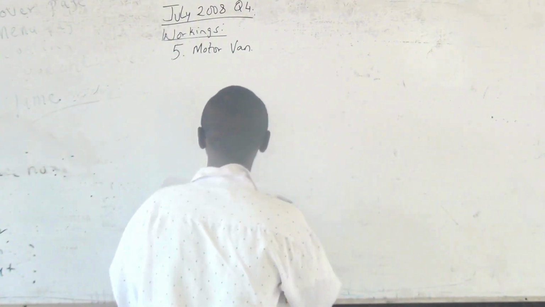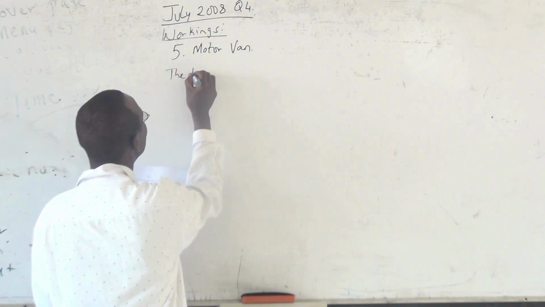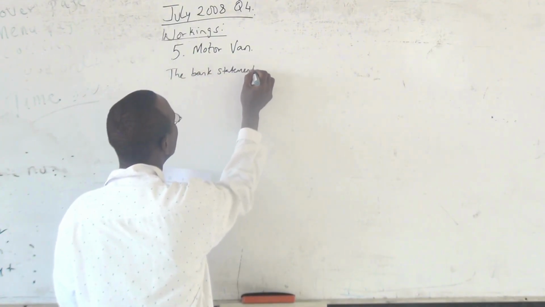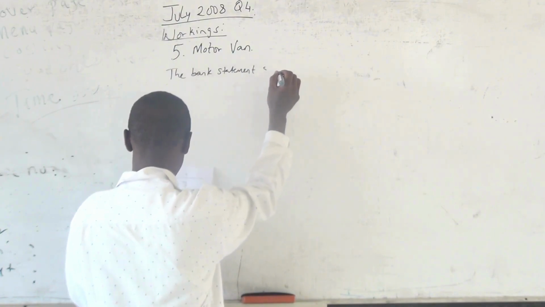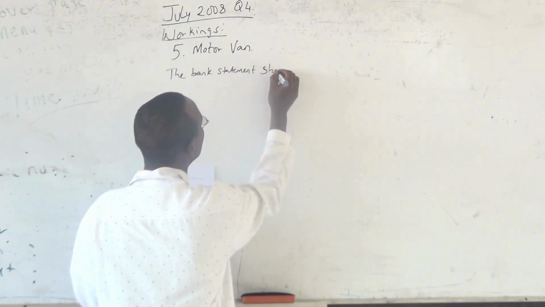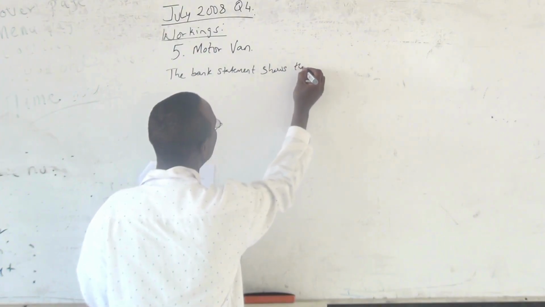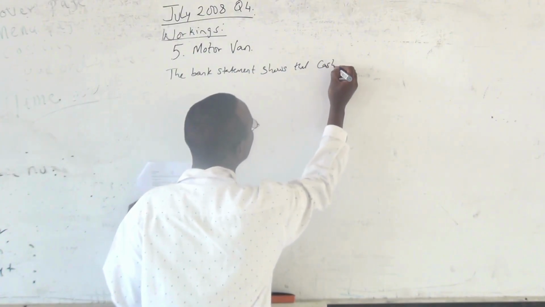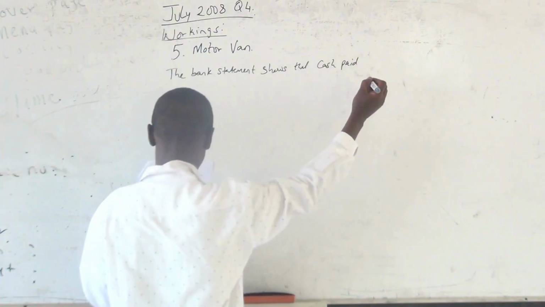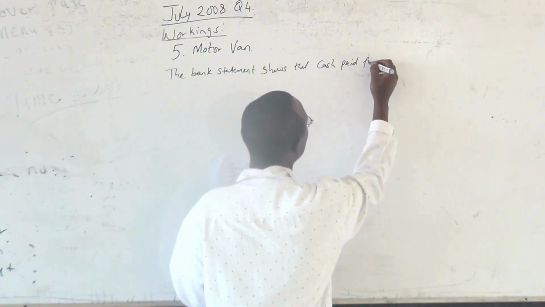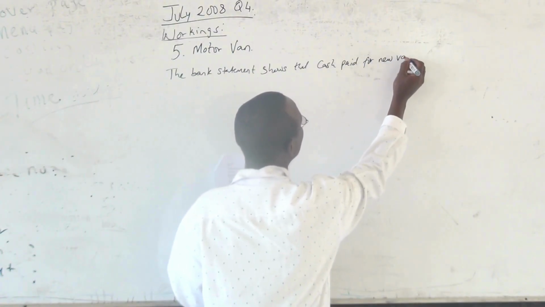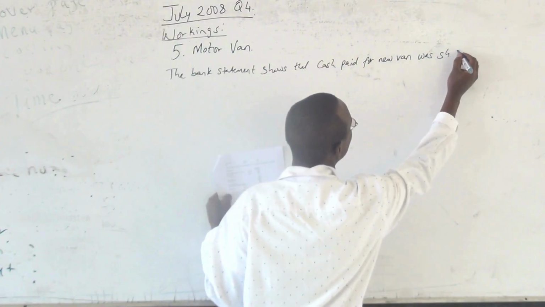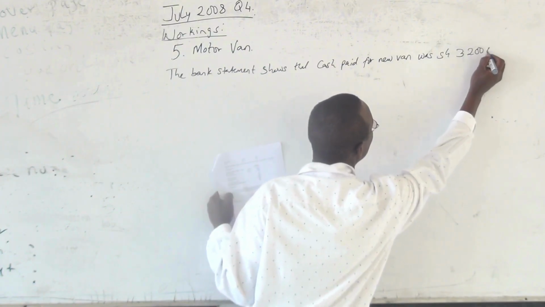You can say that the bank statement shows that cash paid for the new van was shillings 3,200,000.